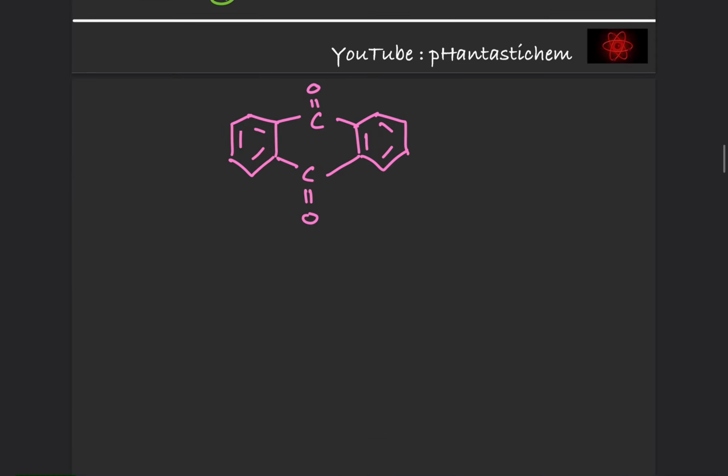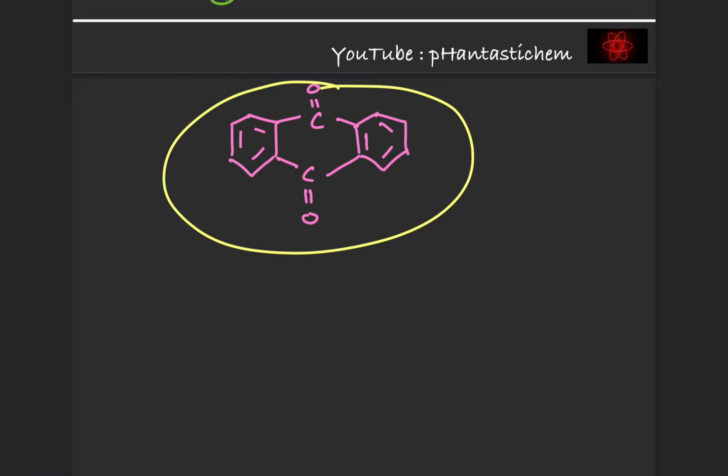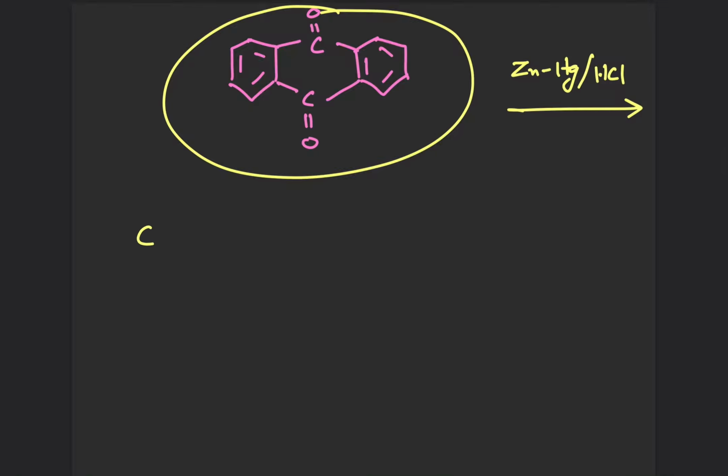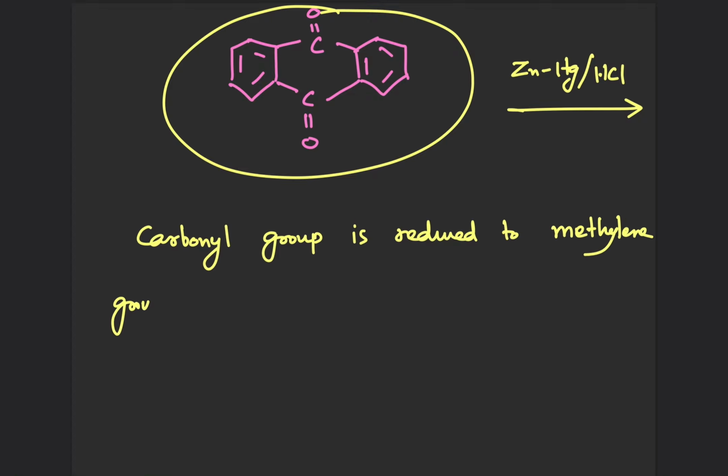Then this guy is treated with ZnHg HCl. Okay, so we should know that carbonyl group is reduced to methylene group in the presence of zinc amalgam and concentrated HCl. That is the famous Clemmensen reduction. Okay, so I will write it down. Carbonyl group is reduced to methylene group, that is the CH2 group.